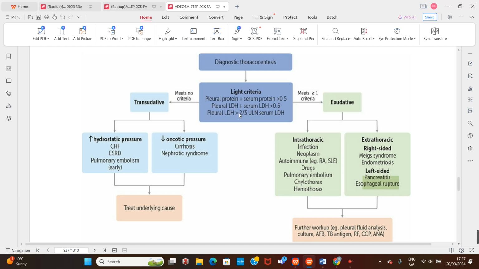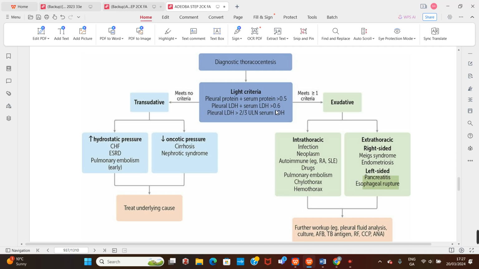So if the pleural protein over the serum protein is more than 0.5, it's in keeping with exudative, because it means you have more protein leaking into the pleural space from the serum. Kind of, that's what it means. And if it's transudative, protein will not leak because the vascular integrity is normal.